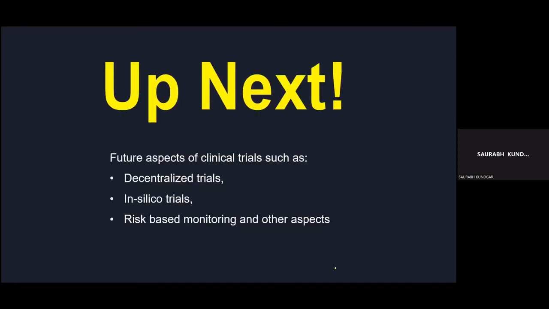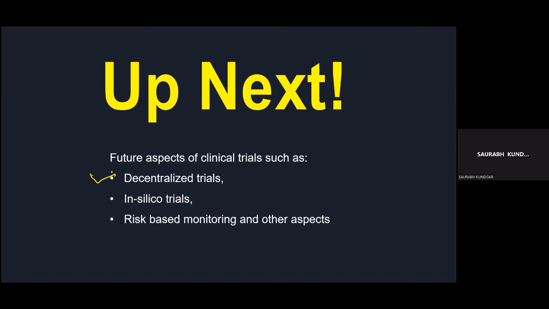Now let's talk about what we are going to see next in this series. When it comes to the future, we are all excited and want to know the upcoming exciting aspects of clinical research. In future videos, we are going to talk about the decentralized clinical trial, because as we know, clinical trials are conducted globally and multi-centered, but this is a new concept called the decentralized clinical trial.